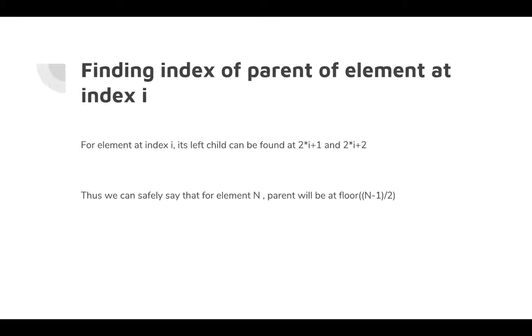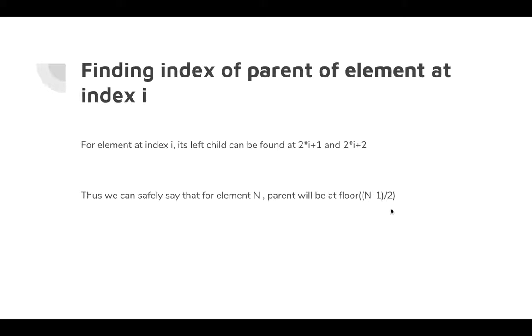So we know that for index I, we can find the left child at 2 star I plus 1 and right child at 2 star I plus 2. So, by reversing this calculation, we can easily conclude that if an element is at n, then its parent can be found at floor of n minus 1 by 2.